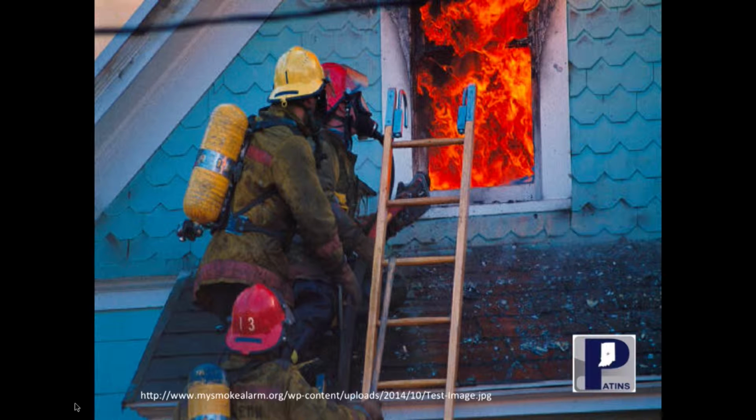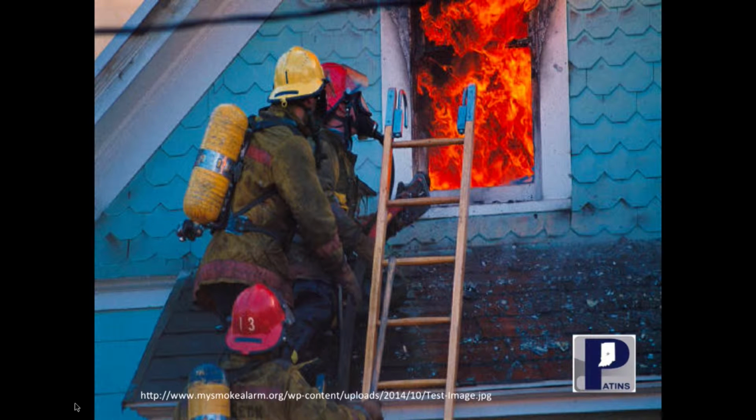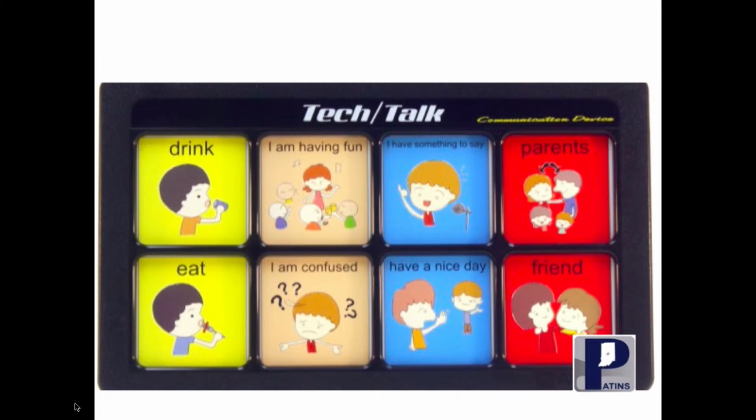There's so many descriptors here. And lots of times a typical communication system won't allow that. For example, drink, I'm having fun, parents, friend, have a nice day, eat. Those are things that may not fully express the needs and desires of this child at this moment. In addition, these are not typically things found on standardized testing.